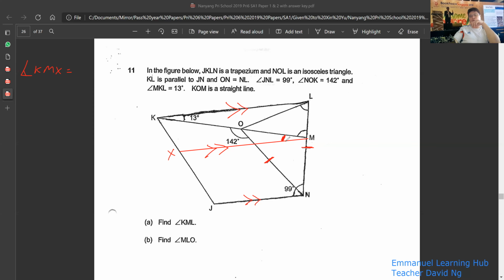That means you don't understand alternate angles, corresponding angles, and all that, those angles that I just mentioned earlier. XM is parallel to KL. Can you tell me what's this angle KMX?